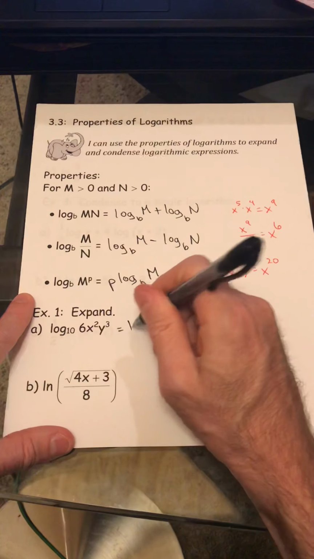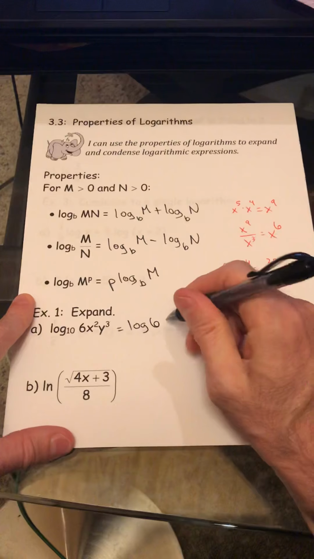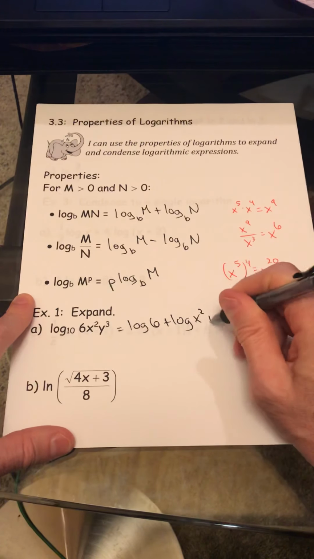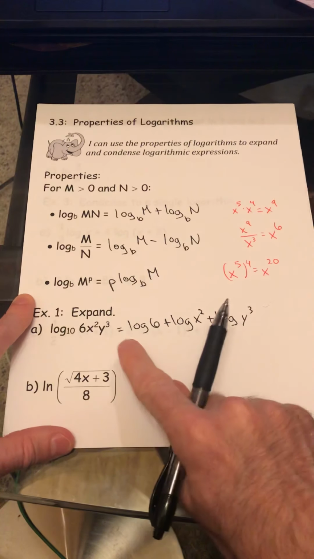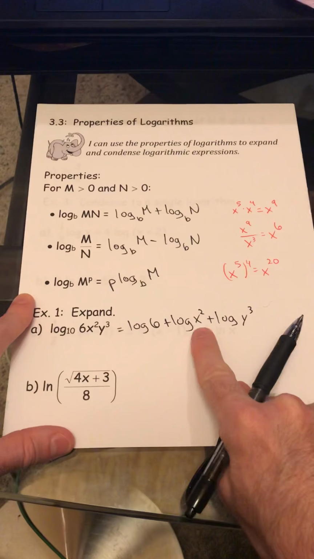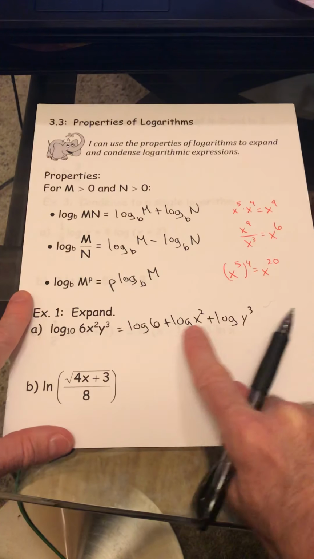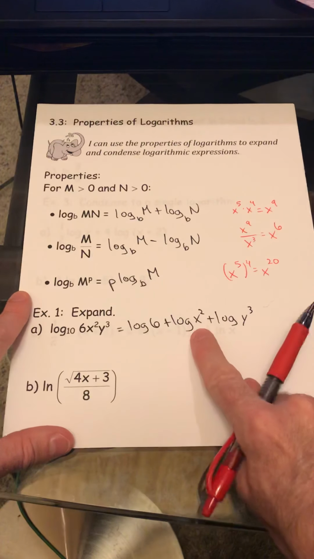Because they're all being multiplied, we are going to expand the multiplication using addition. Now, it's certainly up to you. Log base 10, you are more than welcome to write those bases in. I'm not. One of the reasons why they use this example is just so we can review the fact that you don't have to write those in.